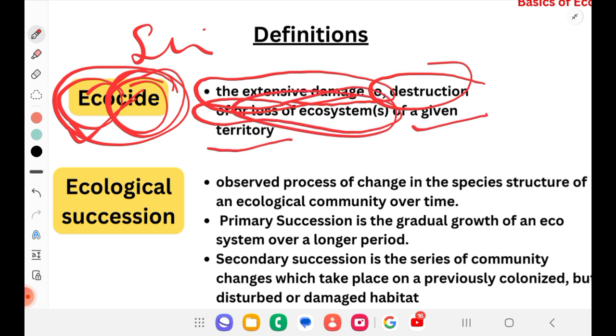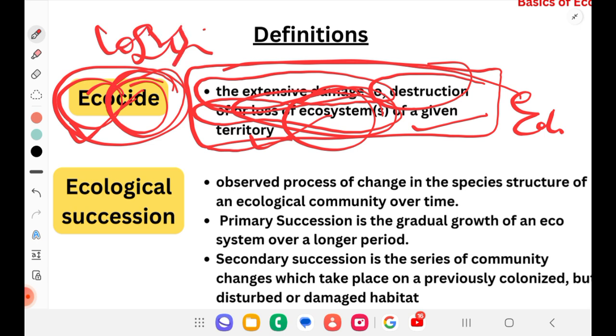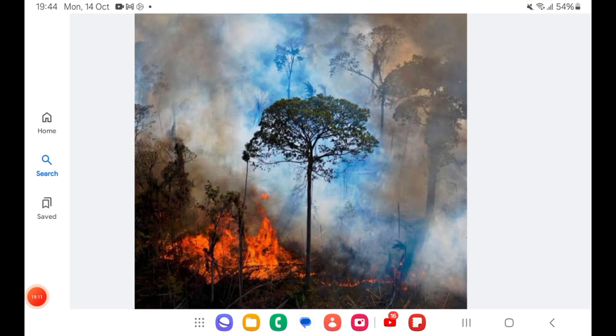There is a destruction of a given ecosystem, then it is called ecocide. The extensive damage of a given territory, particularly the ecosystem we are talking about. Loss of ecosystem is called ecocide. Okay. For example, we know about wildfires. If you see in the picture also, that ecosystem is getting damaged. This is said to be ecocide.